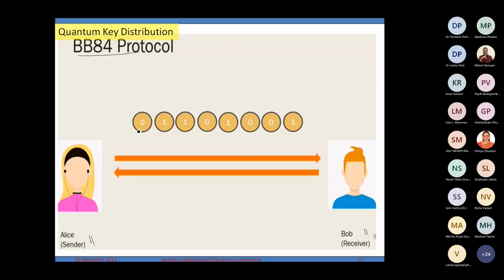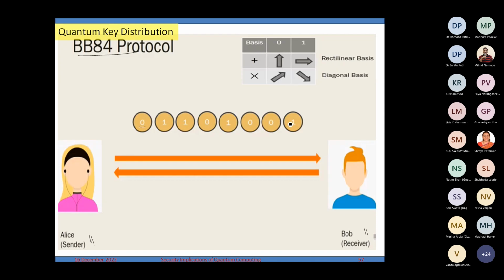Imagine Alice wants to send or establish a key that has the bits 0, 1, 1, 0, 1, 0, 0, 1. Alice is going to consider sharing these bits not through our traditional mode, but rather in terms of a ray of light using photons.